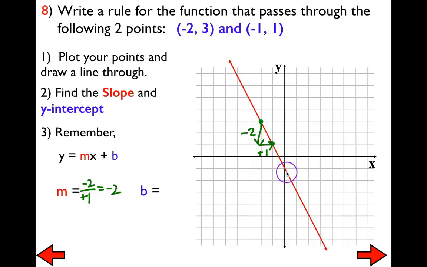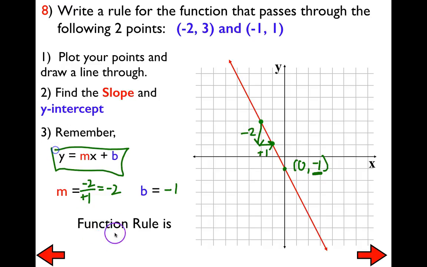Now I need to find out what b is. The y-intercept in this case is 0, -1. So b is -1. So my function rule using slope-intercept form is going to be y equals -2x minus 1. So that is my function rule, and that's it.